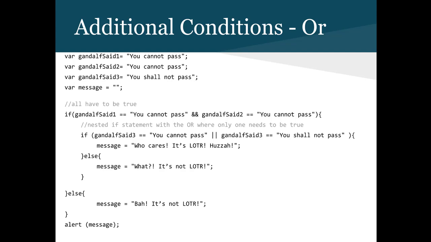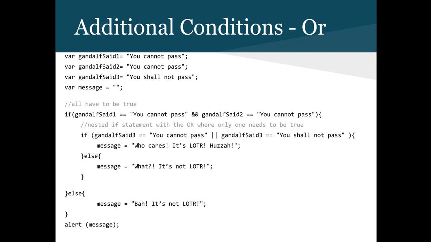Okay, with or, there's shorter ways to write this, but here we go. If Gandalf said 1 is you cannot pass, and Gandalf said 2, you cannot pass, if that's true, then we know that we're dealing with Lord of the Rings.